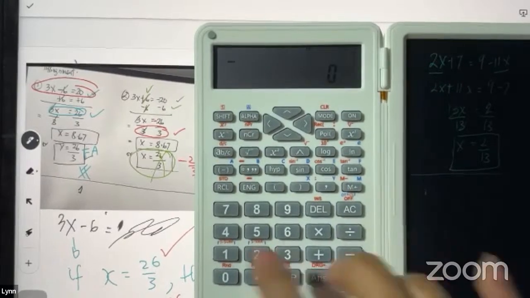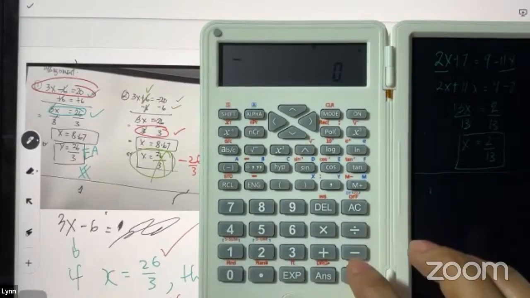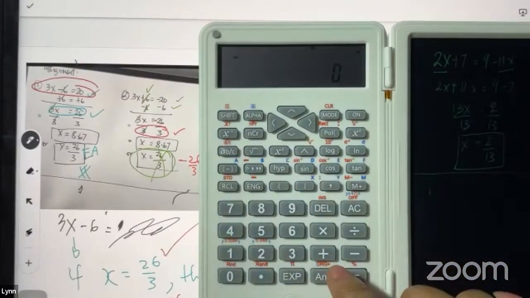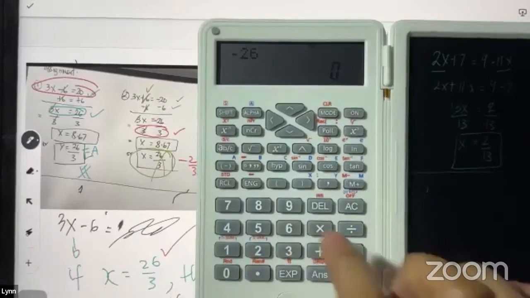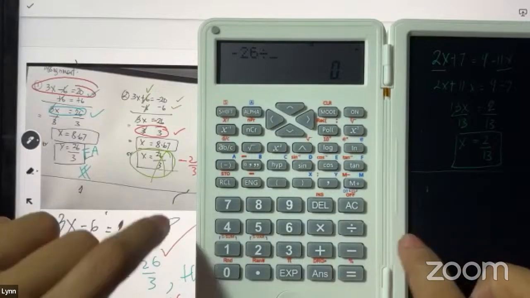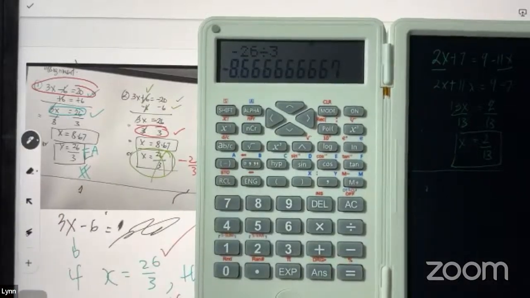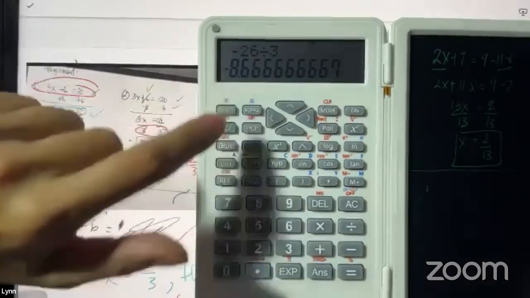You mean the negative 26/3? Yes, yes. Okay. Negative 26 divide 3. Press the equal button first. Equal. Okay. Now you can store. You haven't stored.